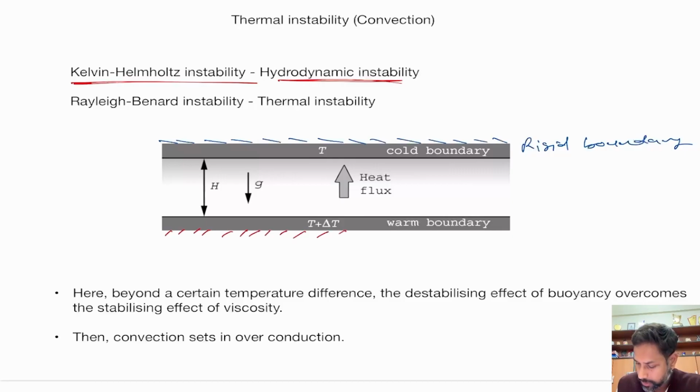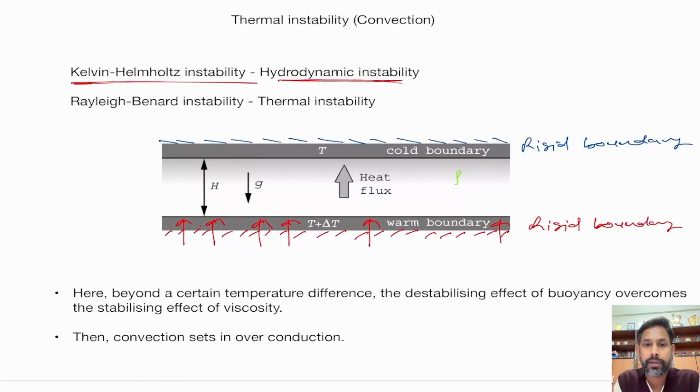So these are two solid surfaces, and in between we have a fluid of density, let's say rho, and different thermal properties. Okay, and we start heating the lower part with a temperature that is delta T greater than the upper layer, right? The upper layer is kept cold and the lower layer is made warm.